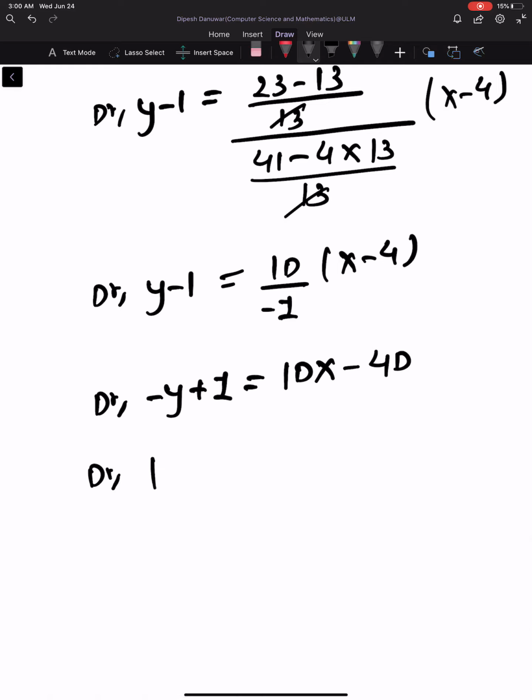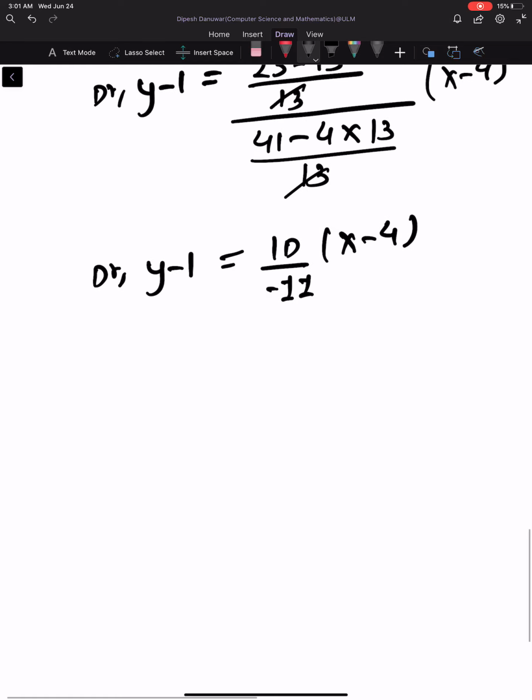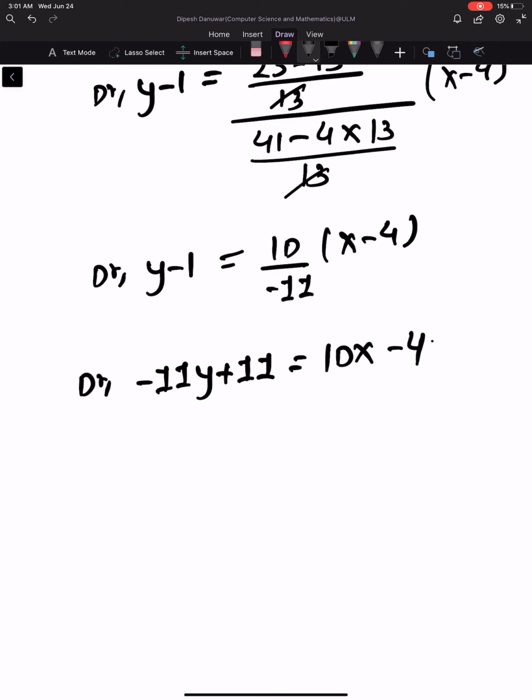Here the denominator is not negative 1, so 41 minus 4 times 13 will be how much? Negative 11. So that will be negative 11 times (y minus 1) is equal to 10 times (x minus 4), that is negative 11y plus 11 is equal to 10x minus 40.